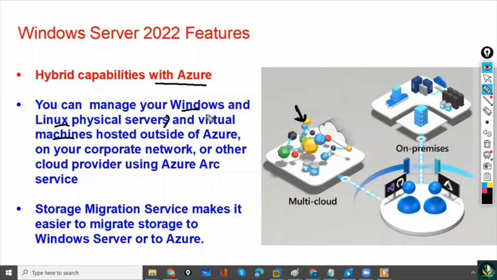You can manage them on your corporate network or other cloud providers using Azure Arc services. Windows Server 2022 has the Azure Arc service, and using it you can manage your devices which are outside of Azure.